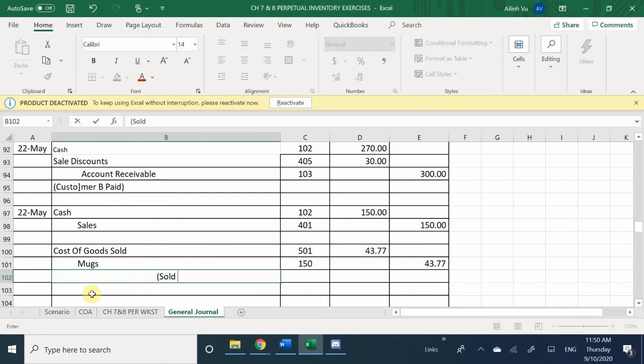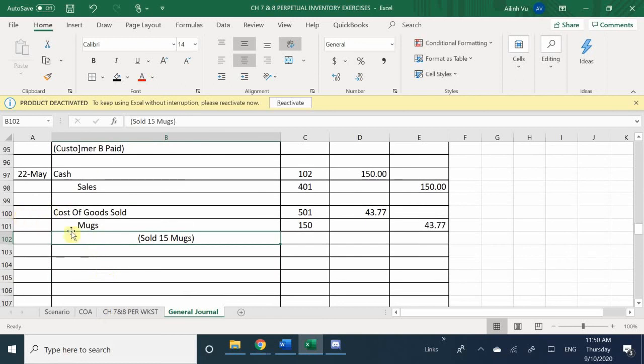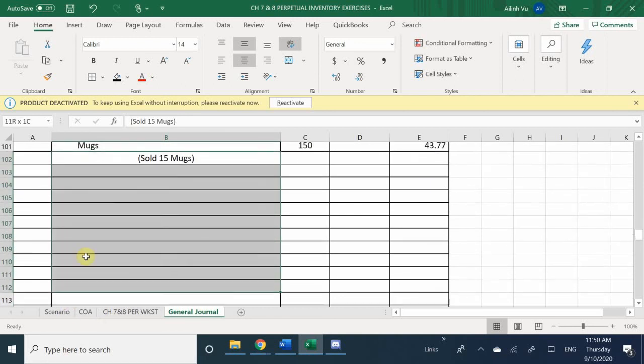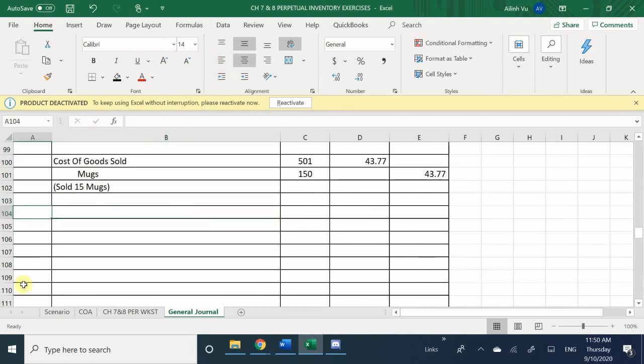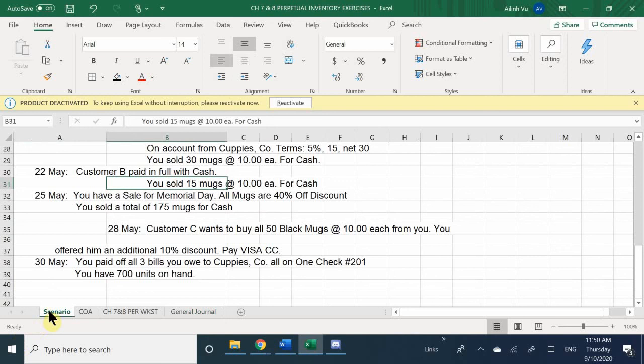Sold 15 mugs. And I'm gonna indicate all this as left amount. All right. We updated our inventory, so we're good to go there.